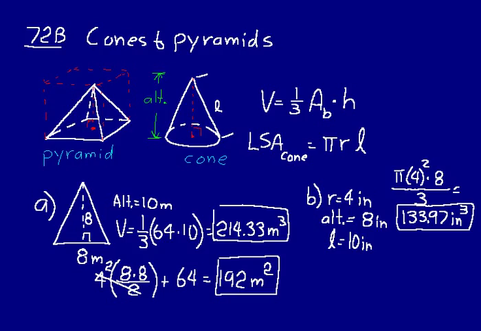Now let's go ahead and figure out the surface area. The base, that would just be pi times 4 squared, or 16 pi. And then the lateral surface area for the cone, we use that formula, pi times the radius times the slant height. So we say plus pi times 4 times the slant height of 10. And so we end up with 16 pi plus 40 pi.